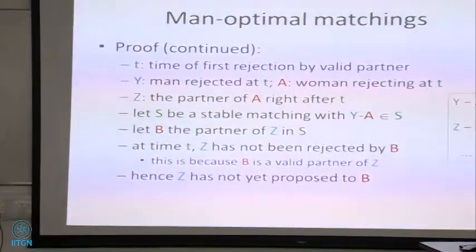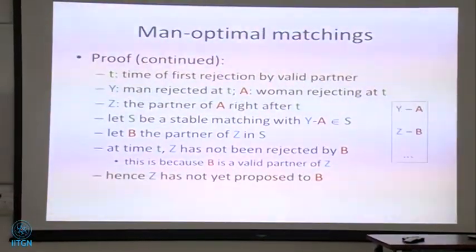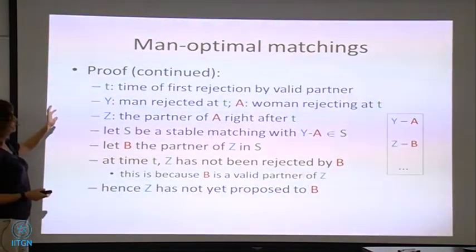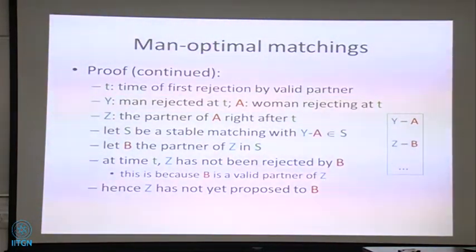Well, suppose Z has proposed to B in the past. And now at time t, Z is together with A. So let's think about it for a second. Suppose that Z has proposed to B in the past. Now Z is the partner of A at this current moment.